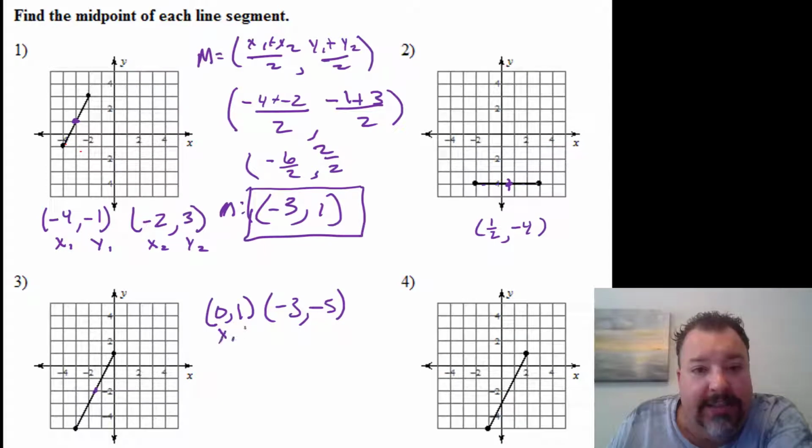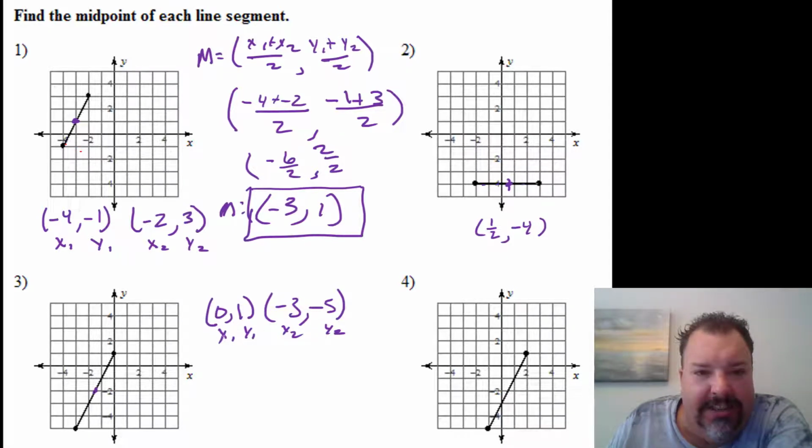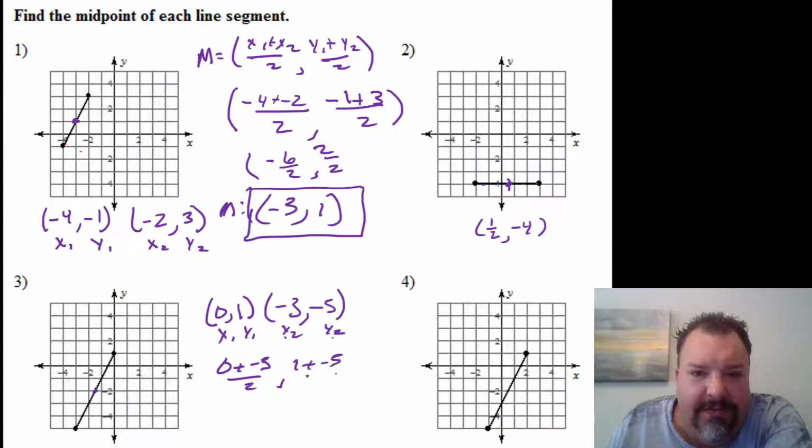Let's label these guys x1, y1, x2, y2. Again, the ordering here doesn't matter. I could call this one x2 and y2 and this one x1 and y1. That doesn't matter. We just want to make sure we're keeping our x's and y's straight. So we're going to add up the x's, 0 plus -3, divide that by 2, and we've got 1 plus -5. We're going to divide that by 2, simplify our answer. Here we have -3/2, and here we're going to have -4 divided by 2, which is going to be -2.